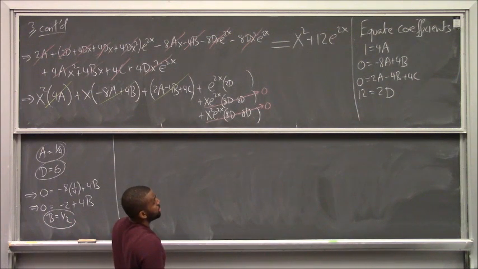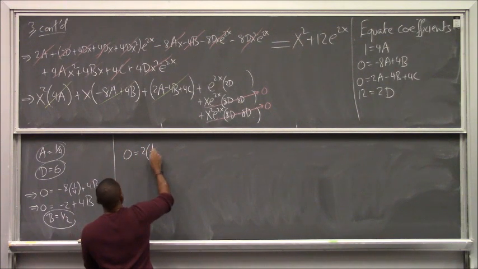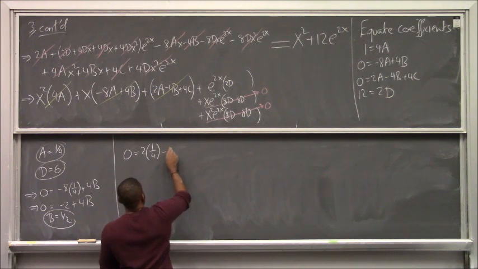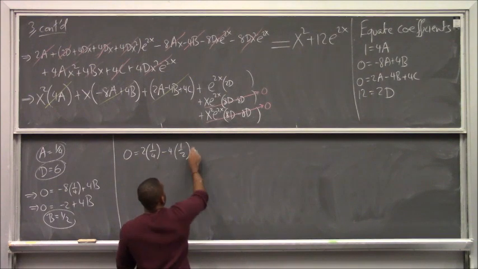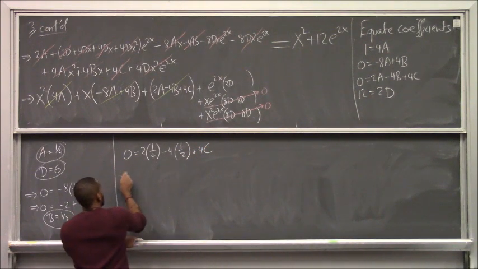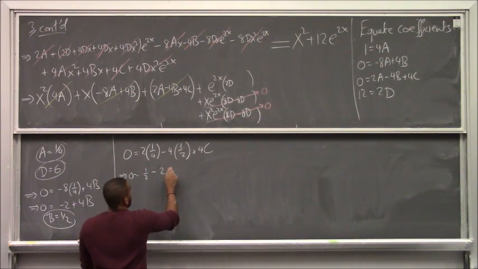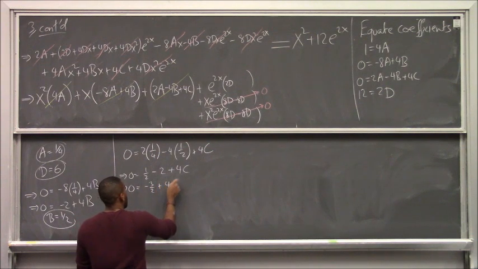And then I have 0 is equal to 2 times the a minus 4 times the b plus 4 times the c. So this means that 0 is equal to 1/2 minus 2 plus 4c. 0 is equal to 1 over 2 minus 4 over 2, minus 3 over 2 plus 4c.